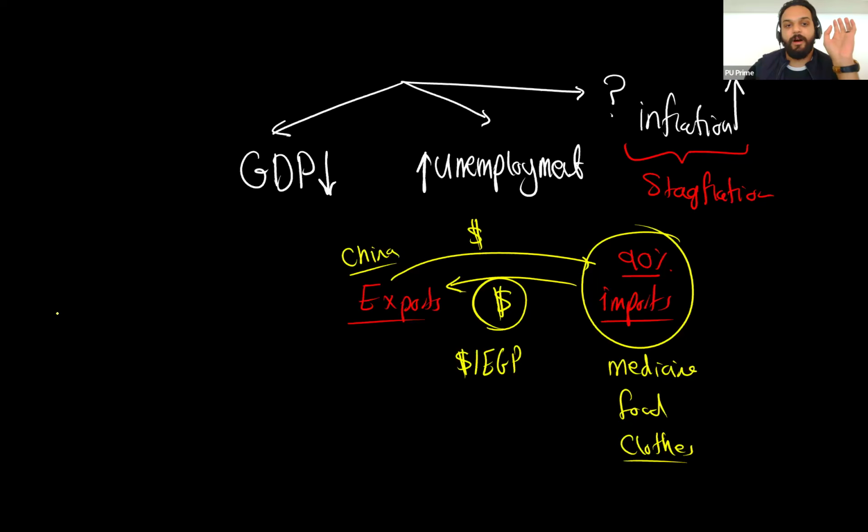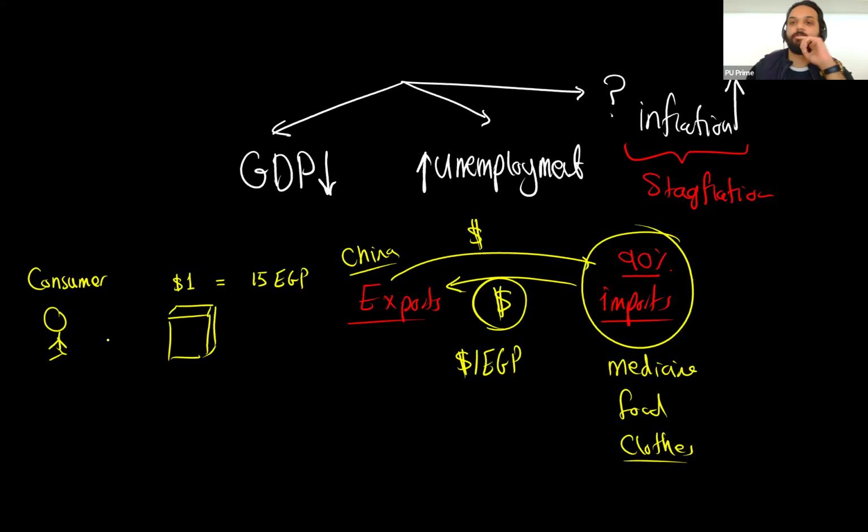There is one guy here who is a consumer. He was buying this box at $1, which is 15 Egyptian pounds. This is in 2021.